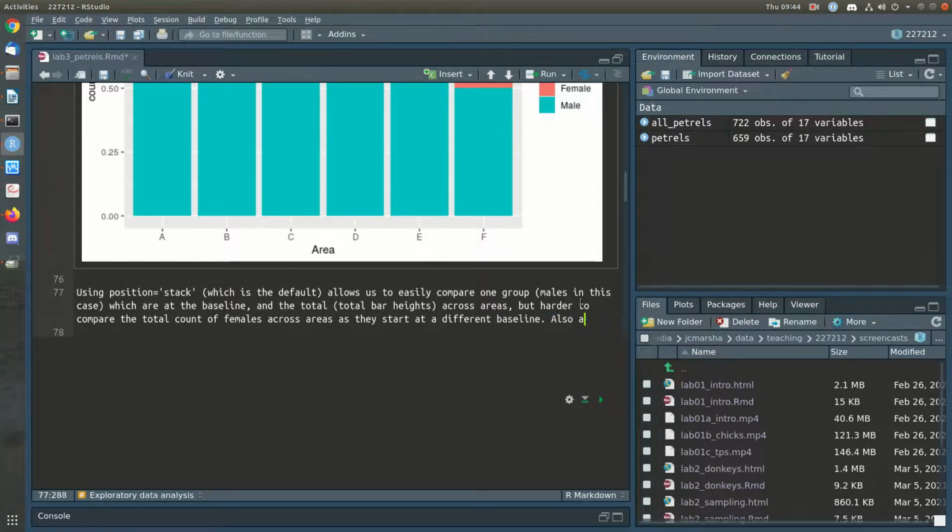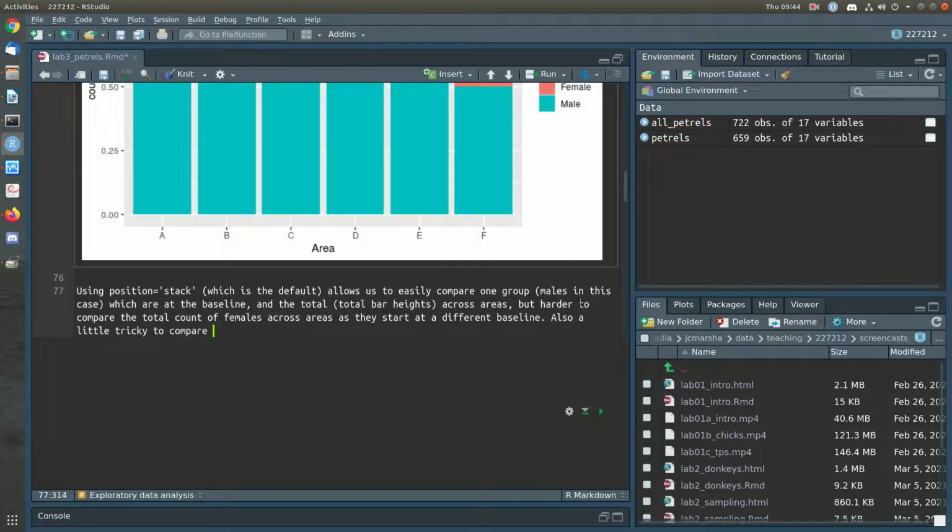Also a little tricky to compare proportions.